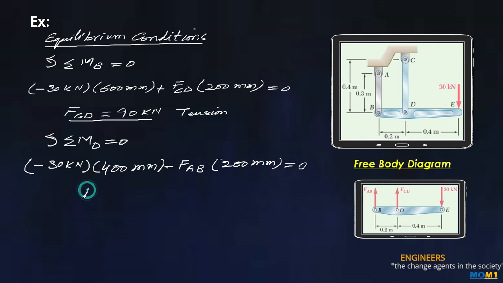So after solving this, the force in link AB comes out to be minus 60 kilonewton. So this negative sign indicates that in link AB there is going to be compression.